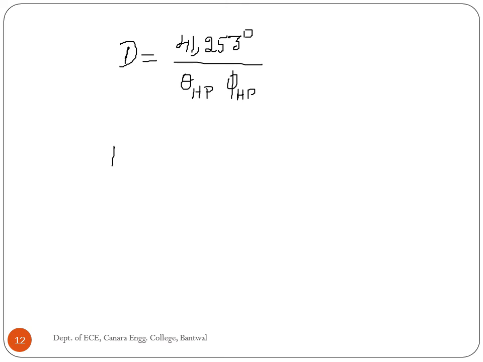So directivity, therefore, approximately I can write 40,000 square degrees divided by theta hp in degrees and phi hp in degrees.